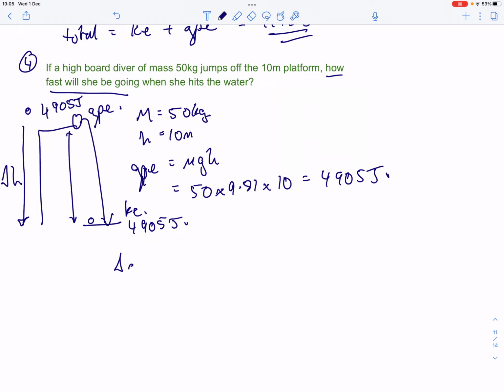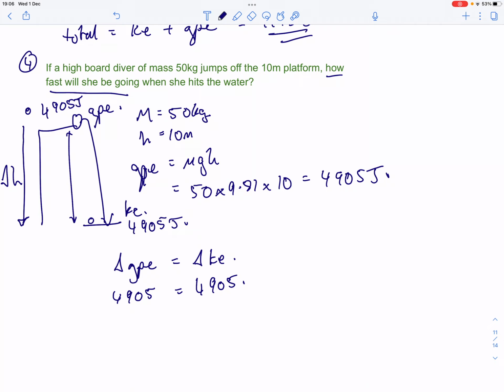So effectively, the change in gravitational potential energy as she falls is equal to the change in kinetic energy that she gains as she falls. So the change in gravitational potential energy is effectively a loss of 4,905 joules, and the kinetic energy is a gain of 4,905 joules. So she has the same kinetic energy when she hits the water as she had gravitational potential energy at the top.